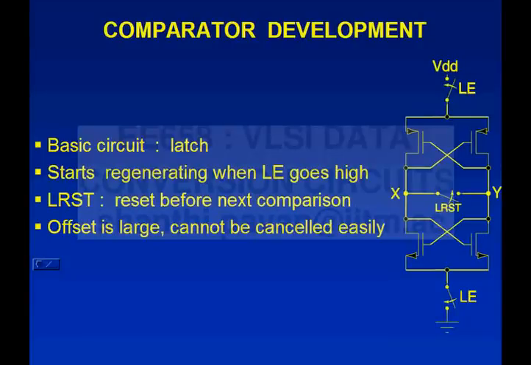So there's a big change in the common mode voltage, which causes a large amount of dynamic offset. This one, on the other hand, you can start off at pretty much the magic voltage of the latch, and the common mode jump is very small, which causes very small dynamic offset.